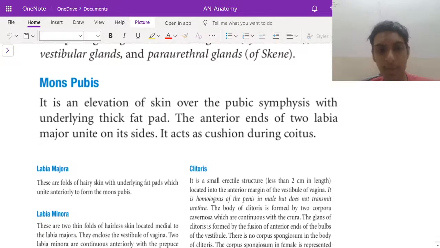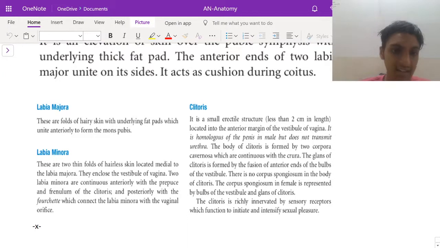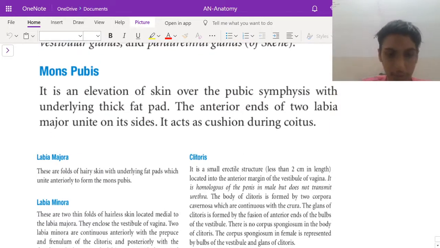Coming to the mons pubis. Mons pubis is a layer of fat and skin united with the labia majora on either side. It is just a cushion during coitus. And the labia majora, as we said, just like our mons pubis, are folds of hairy skin.